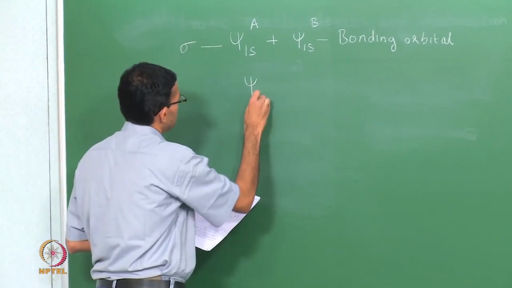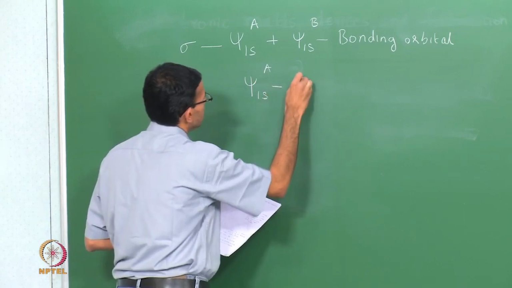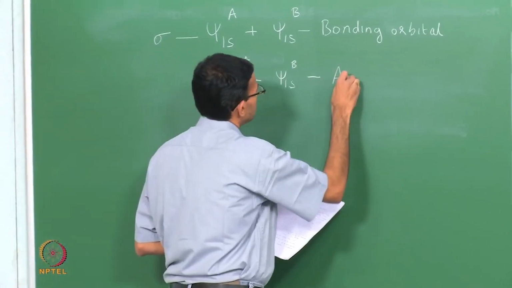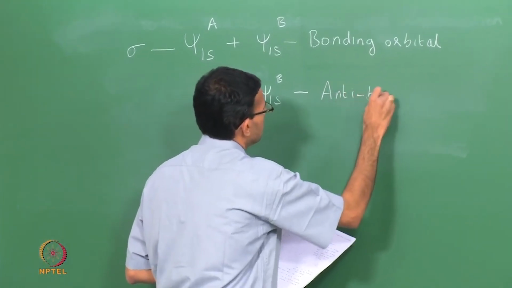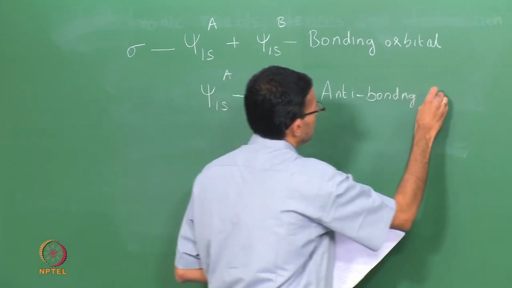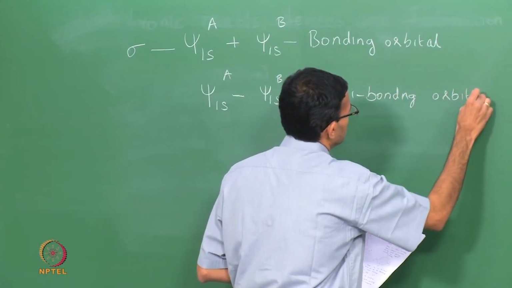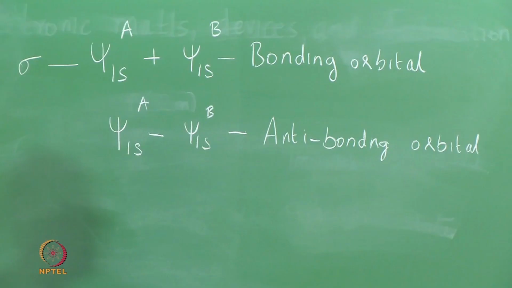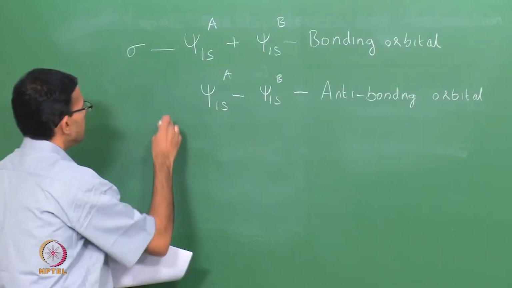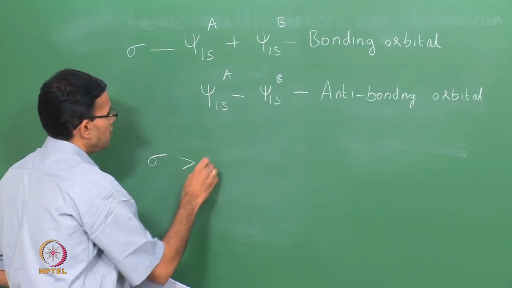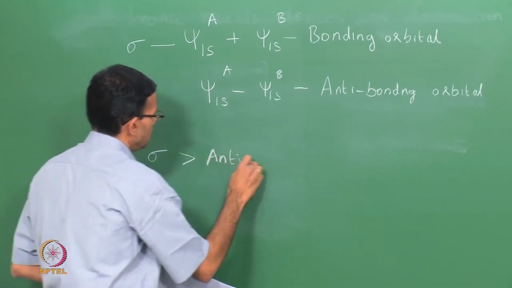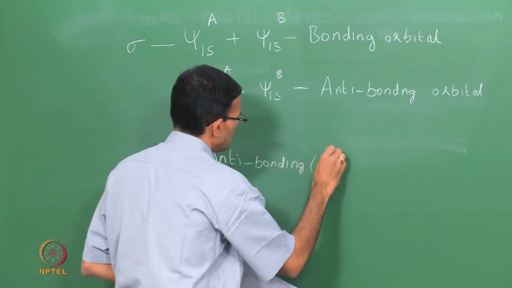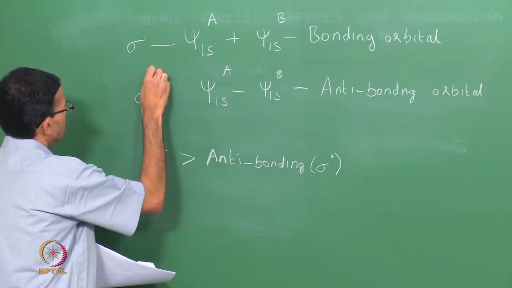You can subtract them and this is called the anti-bonding orbital. In terms of energy, the bonding orbital sigma has a lower energy than the anti-bonding orbital, and I am going to denote this as sigma star.